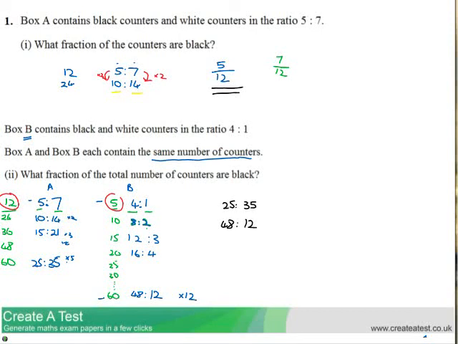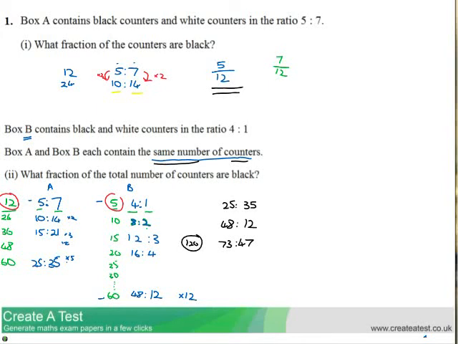And in total, if we now combine the bags, because they have the same number of counters, we can find out that in total, well, here we have 60, 73, and here we have 47. So we have 73 black and 47 white, out of a total of, well, we've got 60 in one bag and 60 in another, out of a total of 120.